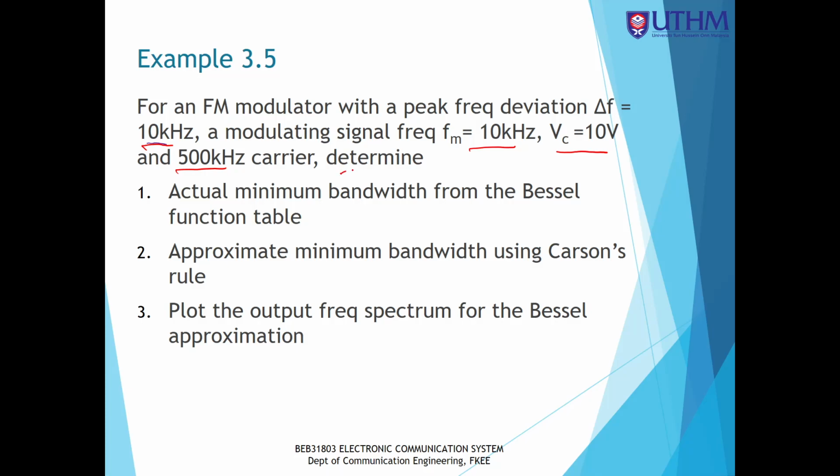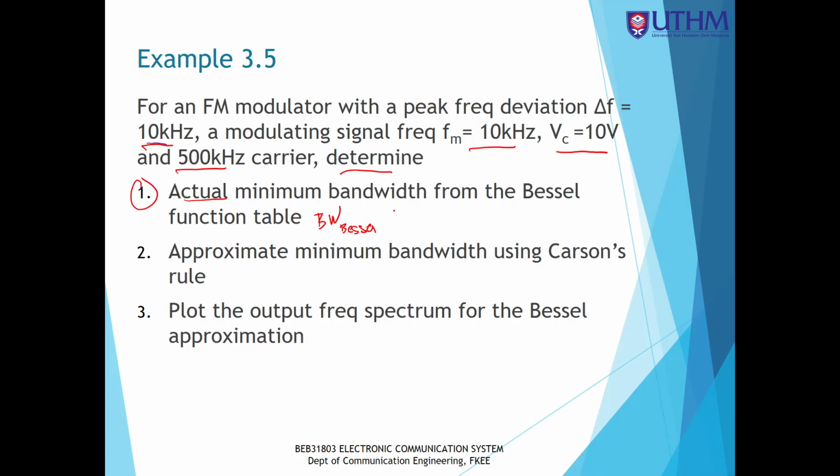Determine the first one: the actual minimum bandwidth from the Bessel function. Bandwidth by Bessel is also known as the actual bandwidth. So how can we calculate the bandwidth by Bessel?